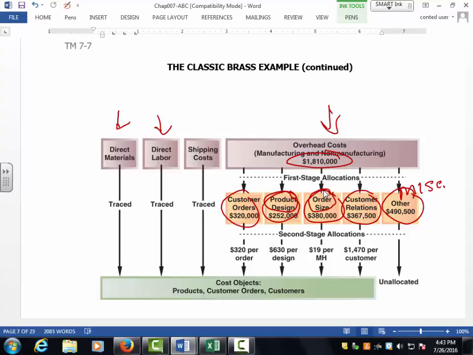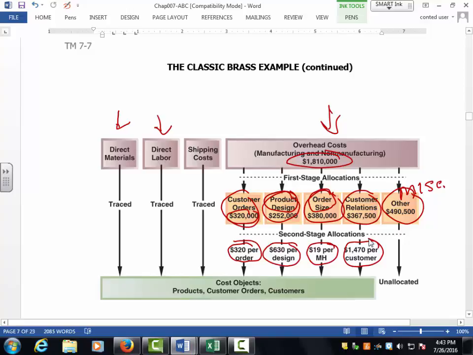Then what we would do is we would keep track of how many customer orders we had. We take the 320 divided by the customer orders and come up with a price per order. Price per design, price per machine hour, price per customer.